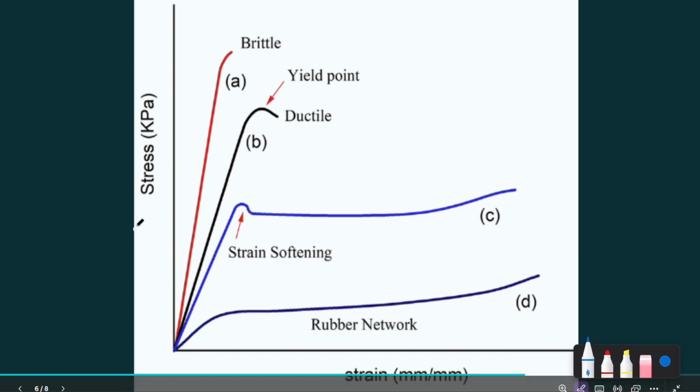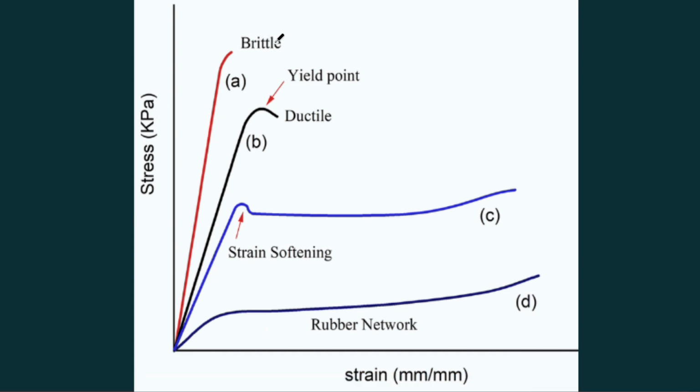Number one, you can see, is brittle material like glass, ceramic, and concrete, and ductile like steel, aluminum, copper, and strain softening like polymer, some plastic, and rubber.